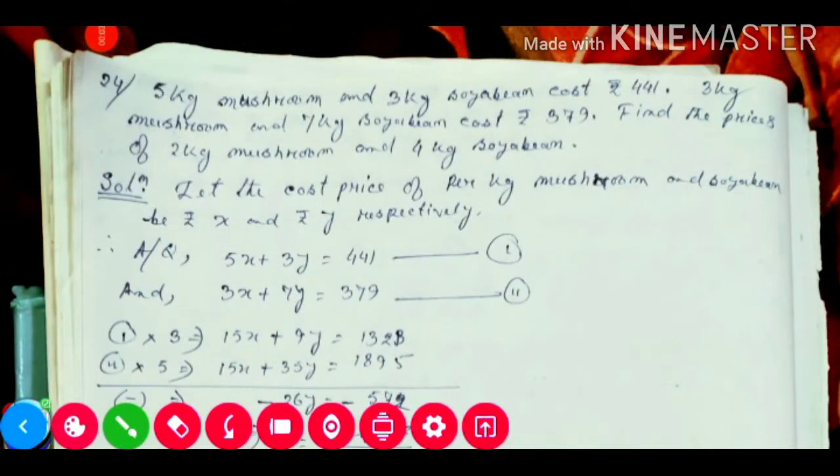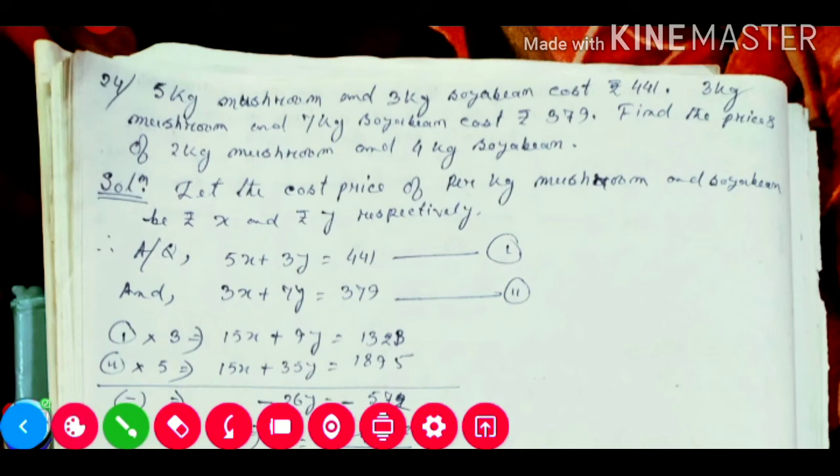Question number 24. 5 kg mushroom and 3 kg soybean cost rupees 441, and 3 kg mushroom and 7 kg soybean cost rupees 379. Find the prices of 2 kg mushroom and 4 kg soybean. The first condition given is 5 kg mushroom and 3 kg soybean cost 441.